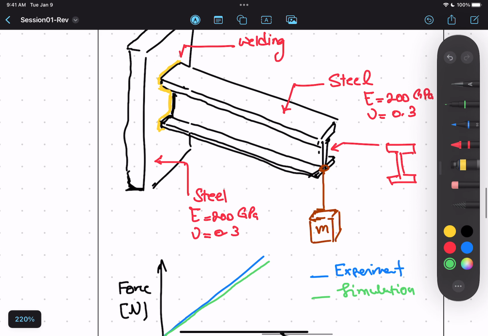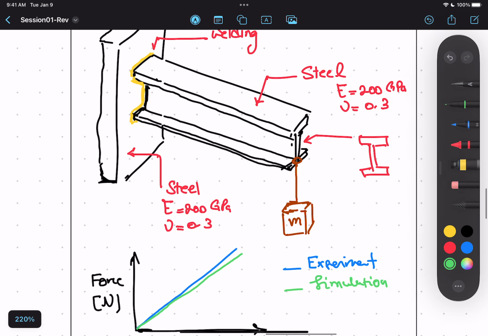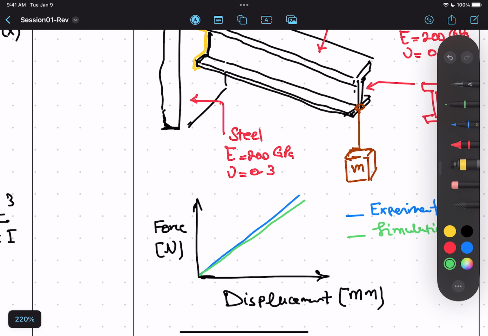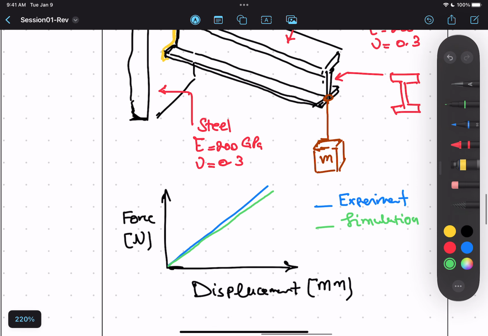We also apply a force by adding a mass m at the tip of the beam, and we measure the displacement at the tip of the beam. We plot the force-displacement curve, and then we add our simulation prediction to these curves.